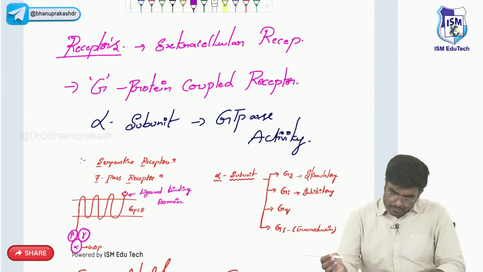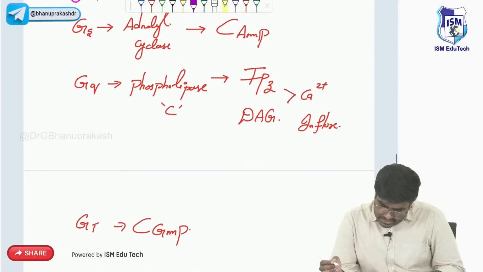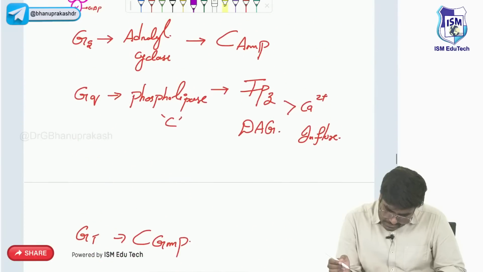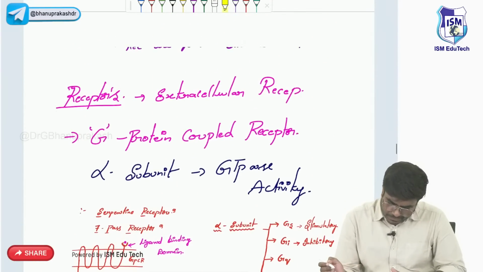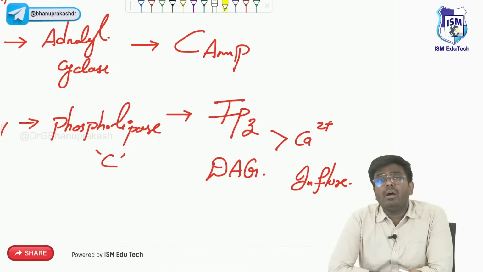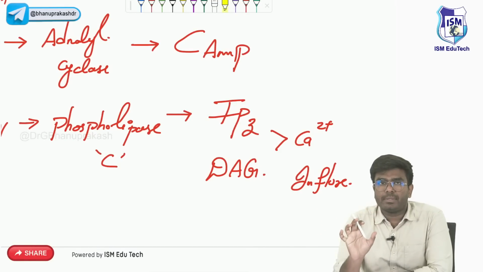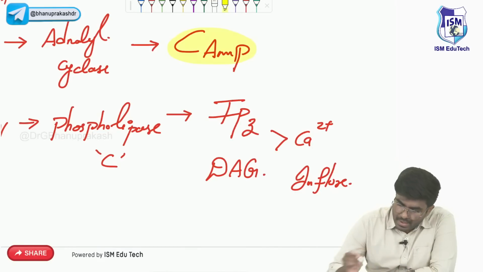Now, after this, what else I want you to know is the secondary messengers, guys. There are three important secondary messengers. These receptors are not that important, but secondary messengers are very, very important. The kind of question that will come in your exam is: all of the following are secondary messengers except... cAMP, the cyclic AMP in the cell.